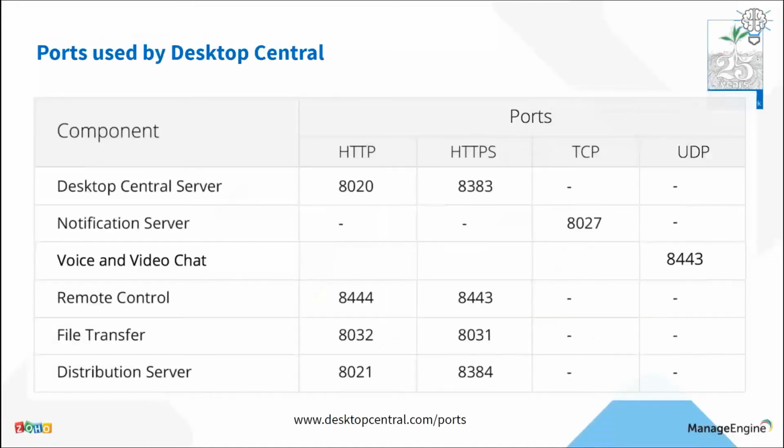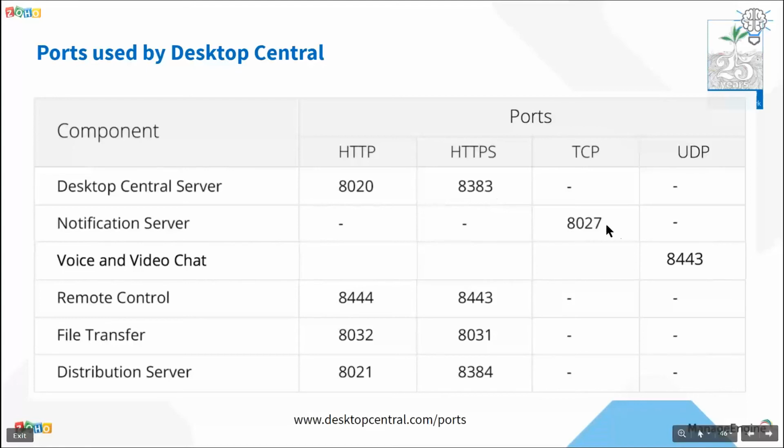Okay, so here are the ports that need to be open for the Desktop Central agents to communicate and to utilize all the features. HTTP port 8020 and HTTPS port 8383 are used for Desktop Central agent-server communication, through which the agent will read any jobs or configurations that you assign.